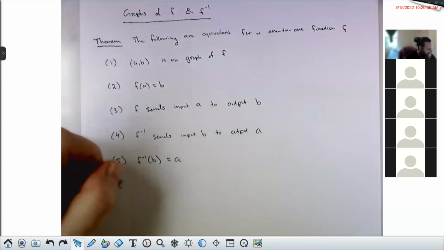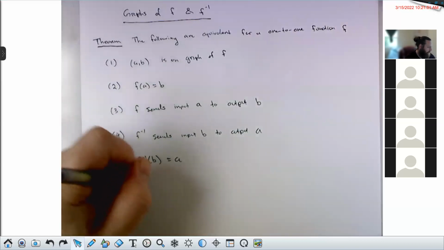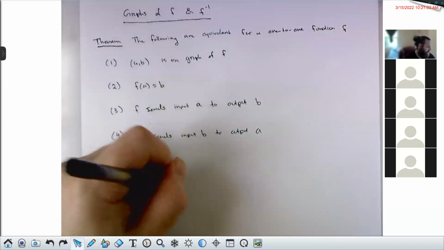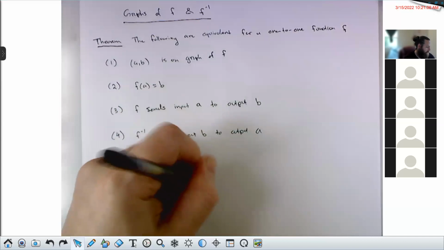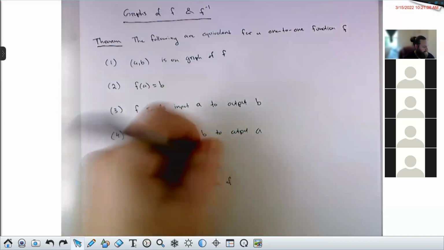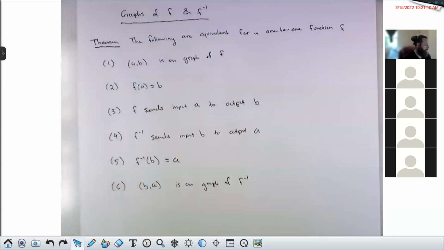And that means that the point (b, a) is on the graph of f inverse. All of these are equivalent statements. And it's going to tell us something deep about the graph of f and f inverse.